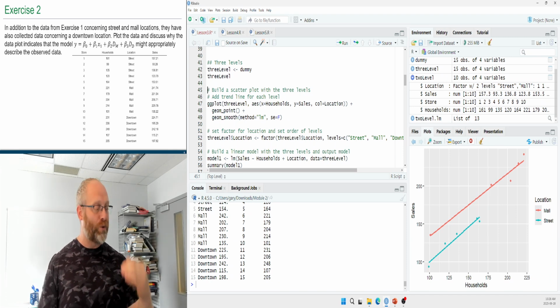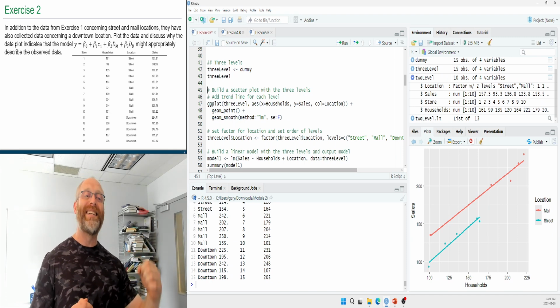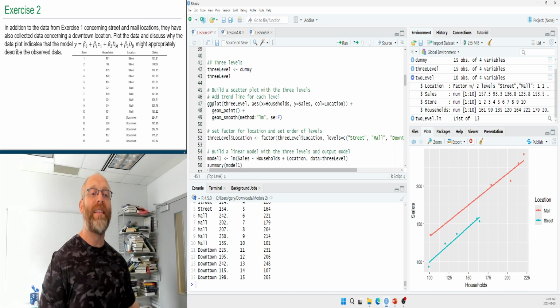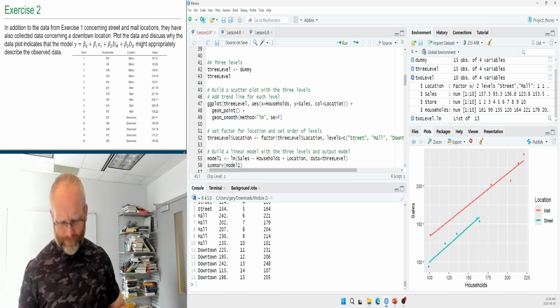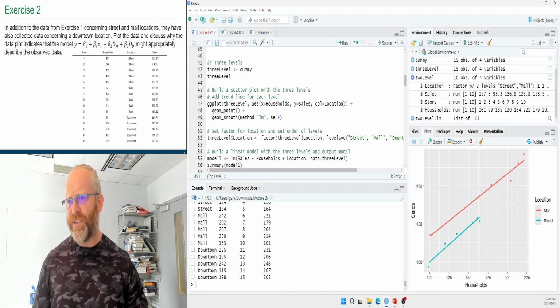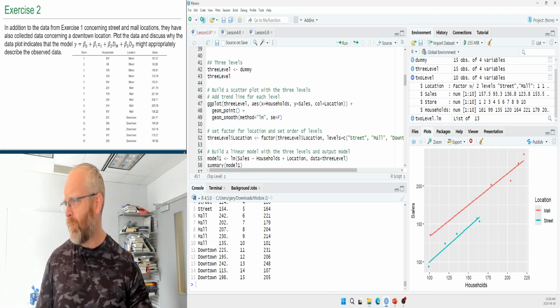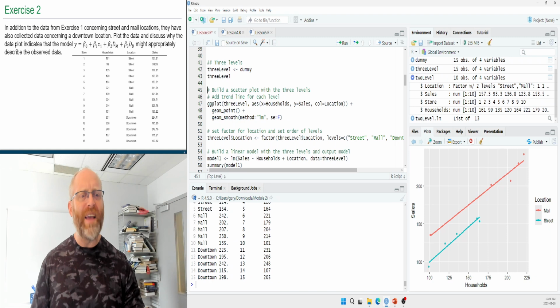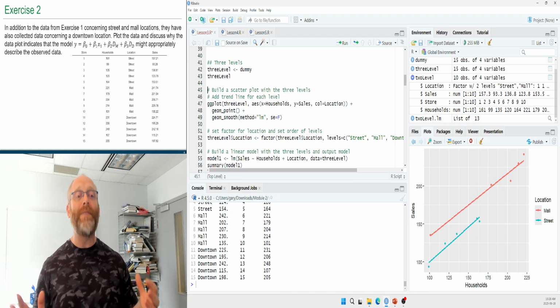We want street first, mall second, downtown third, based upon the data that we have here. All right, so first things first, before I even do that, let's plot and see if it actually makes sense.